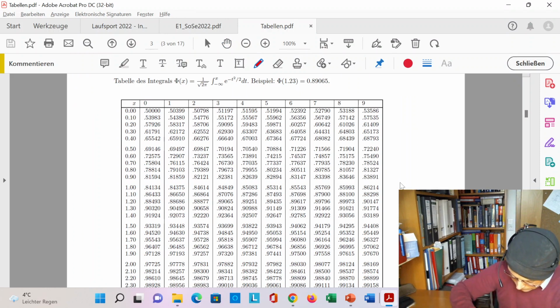So we look up the 1, the 0 here is the second digit. So we obtain 84%.